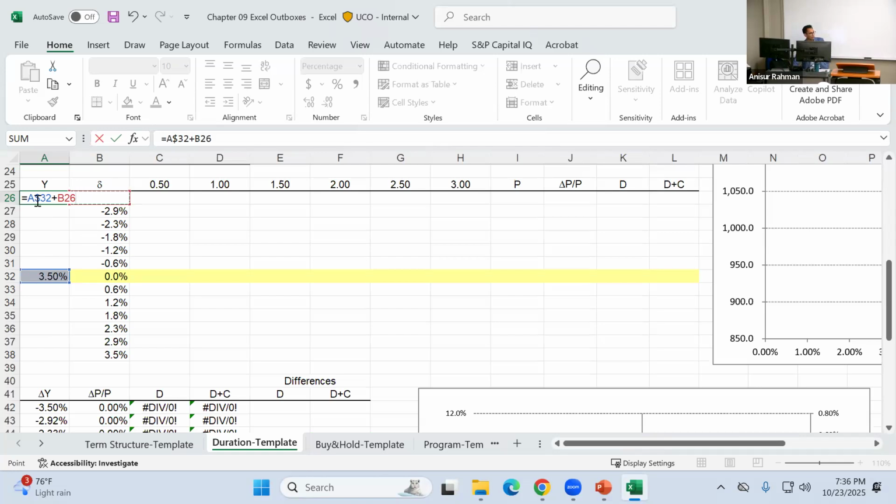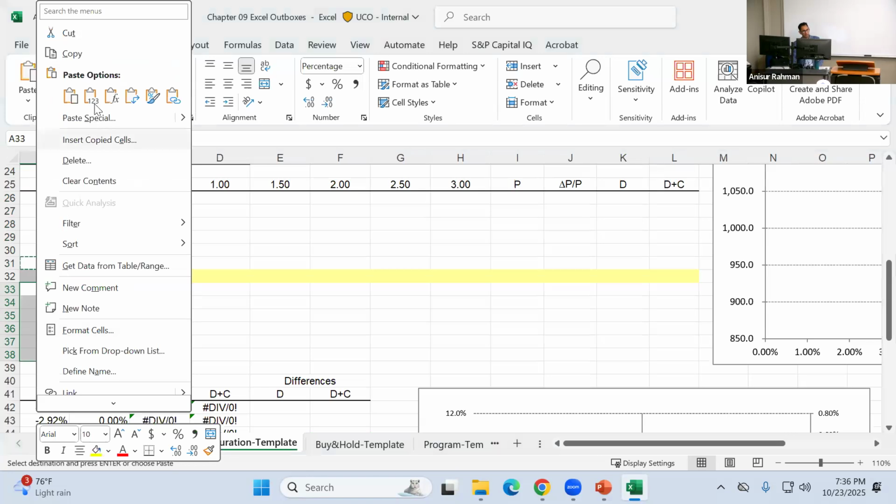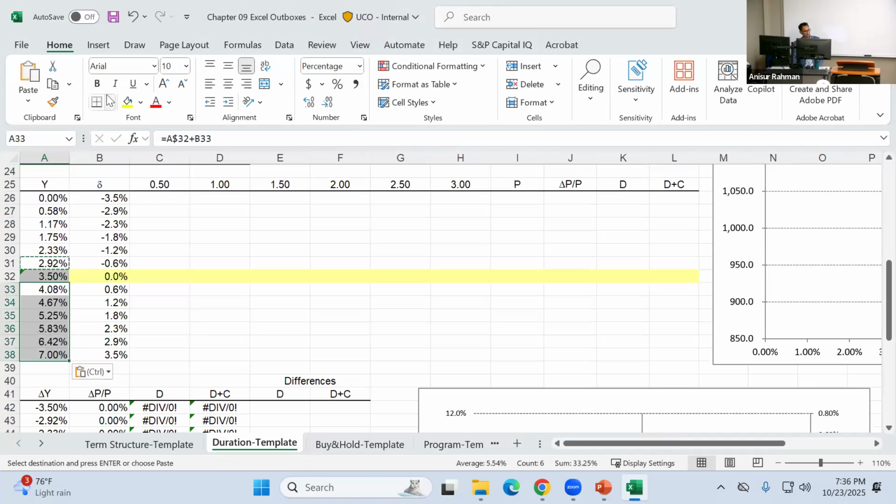So this is our new yield. Okay. Pull down up to 31 without formatting. And then copy this. Highlight, right click, paste as formulas.